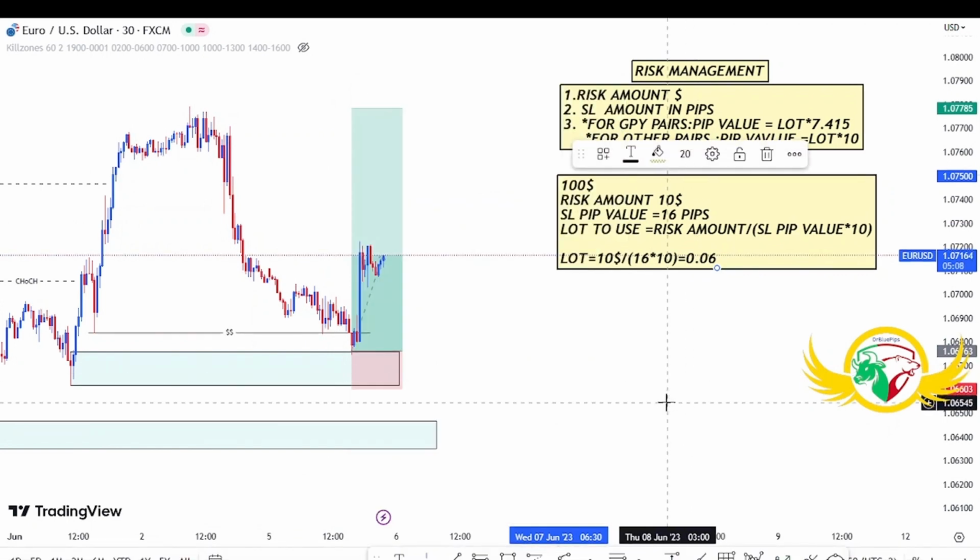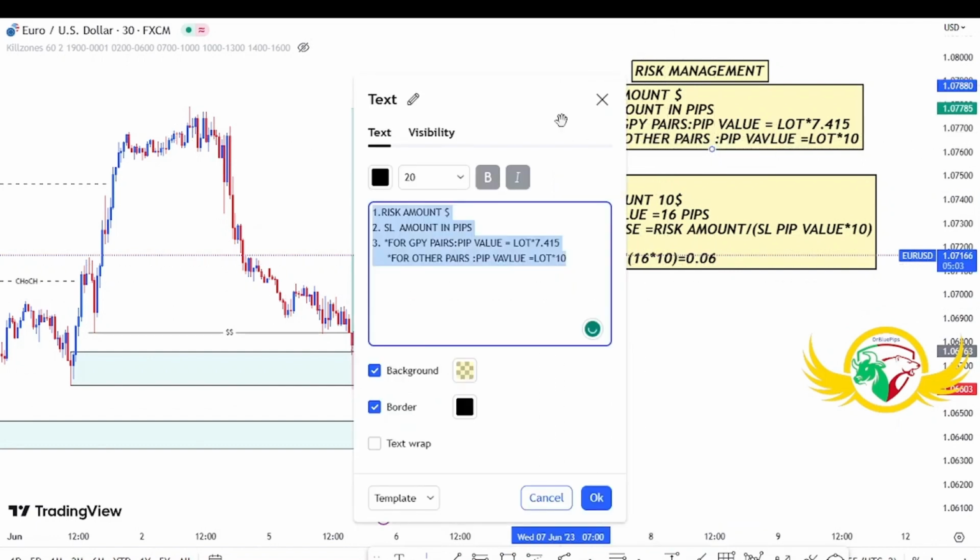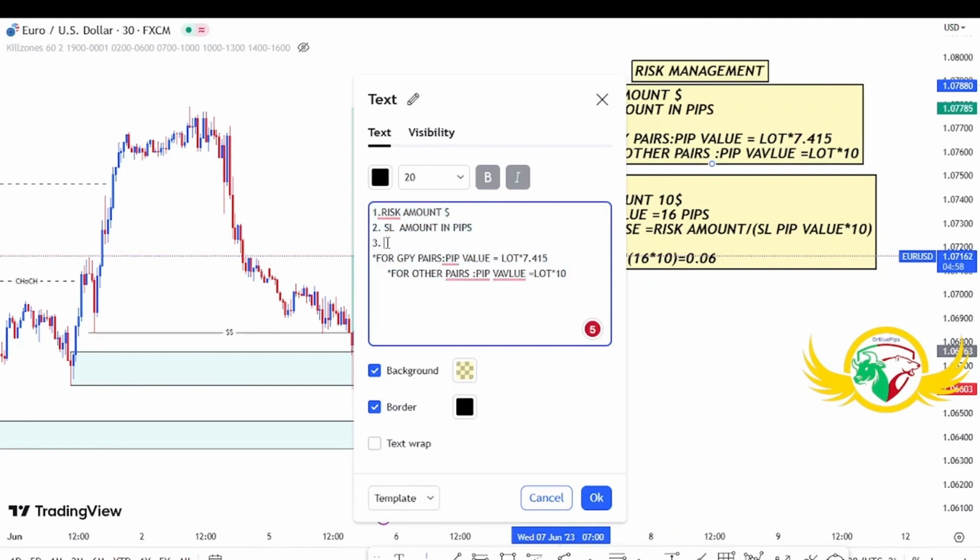The third thing, you must have a good risk to reward ratio. You must at least have a risk to reward ratio of 1 to 2.